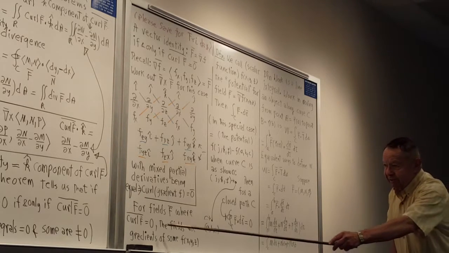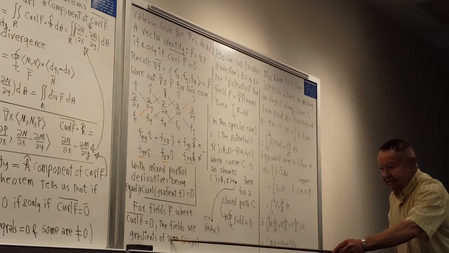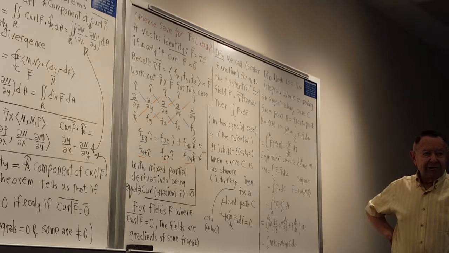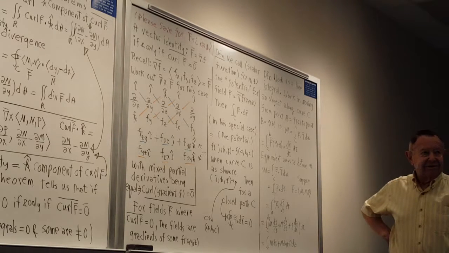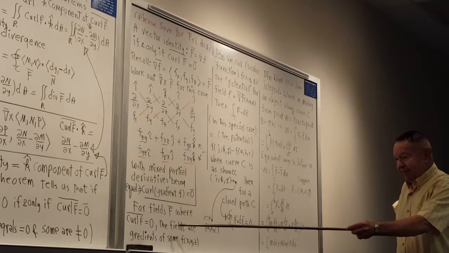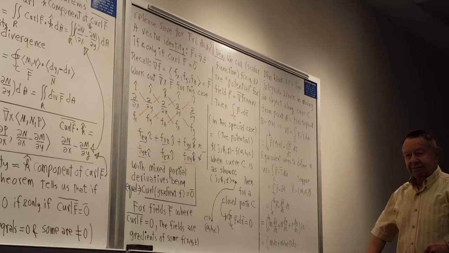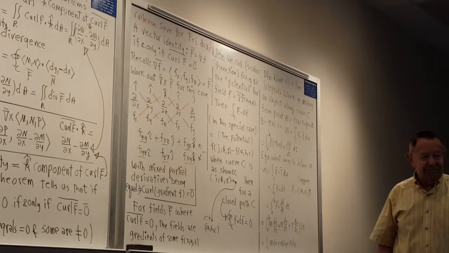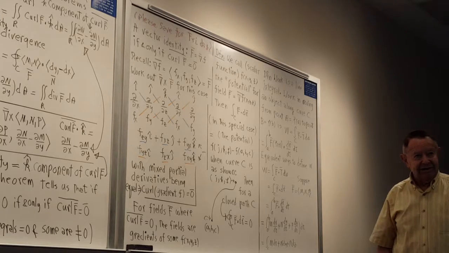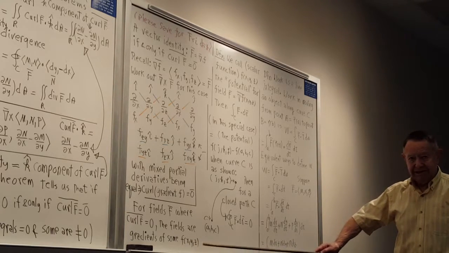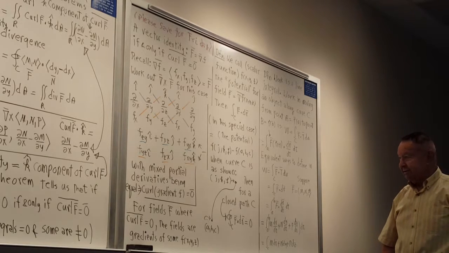So for fields where the curl is zero, the fields are gradients of something, and what we will work with Thursday, next week, is if we start with a field, we take its curl, we find the curl is zero, then we know it's the gradient of something, some little letter f of x, y, z that you call a potential.